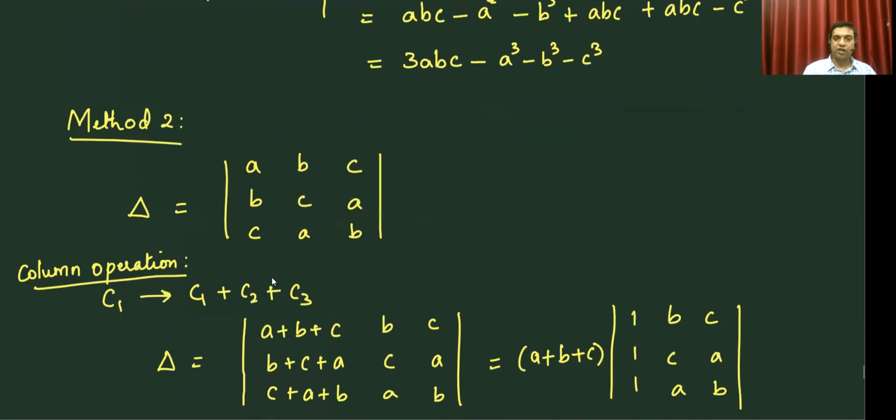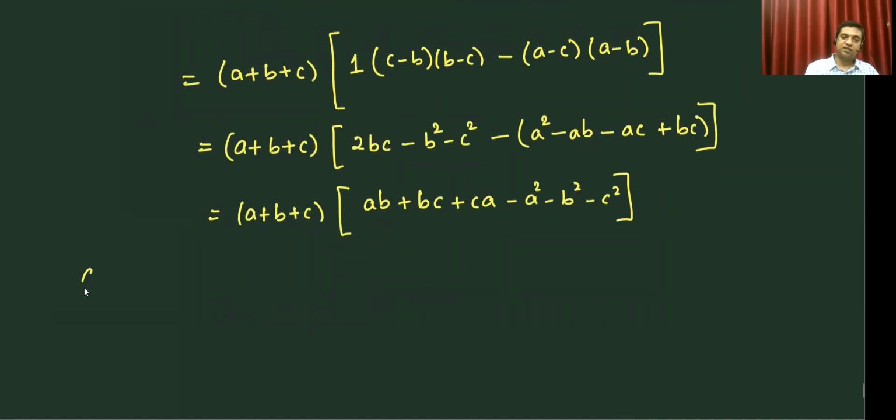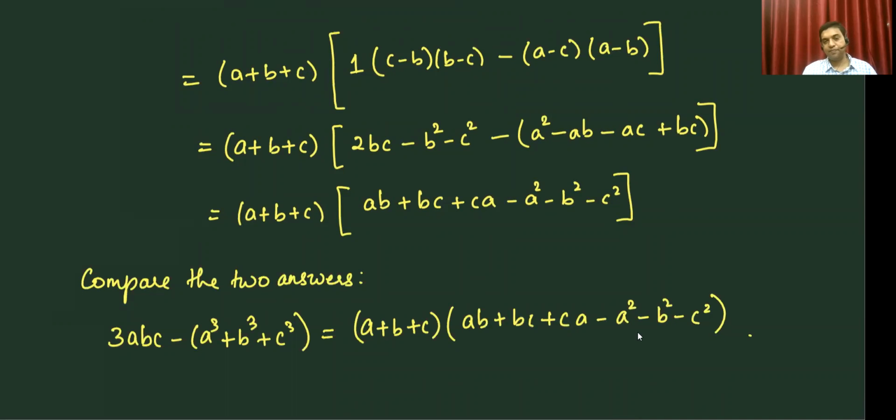Now if you compare the two answers, both are identical. Actually 3ABC minus of A cube plus B cube plus C cube is equal to this one, A plus B plus C times AB plus BC plus CA minus A square minus B square minus C square.